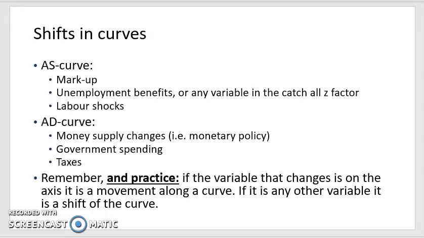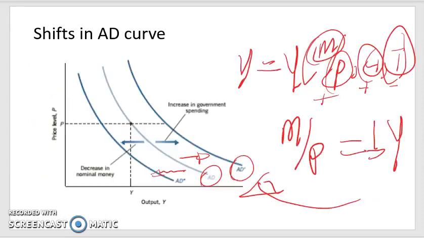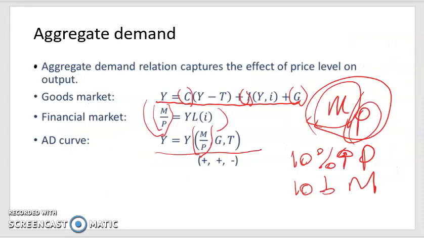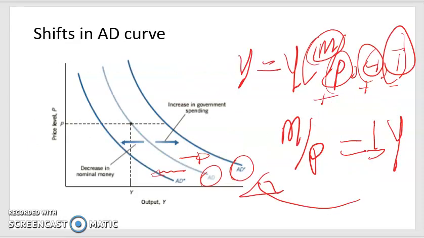To summarize, starting from the equilibrium in the goods and the financial market, we've derived the aggregate demand relation, which is given by this relation here. The relation implies that the level of output is a decreasing function of price level.